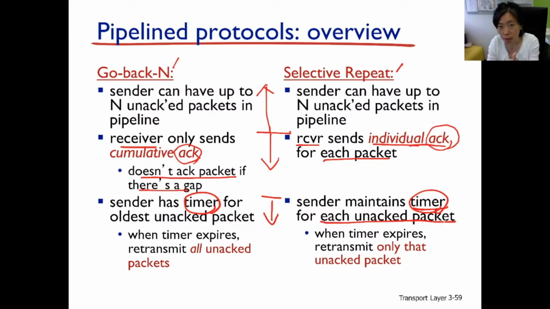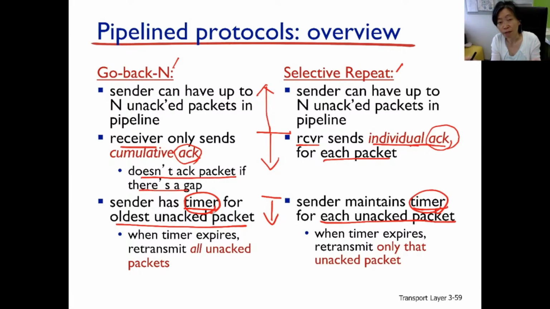So one timer, one packet. But for Go-Back-N, there's only one timer, for the oldest unacked packet. In one round, there will be multiple packets being transmitted, but there's just one timer for the oldest unacked, meaning if you send one flight out, there's just going to be one timer for the first one in that flight.